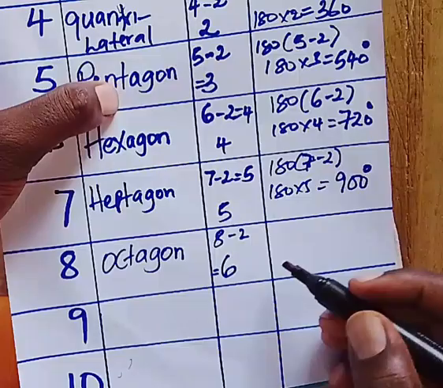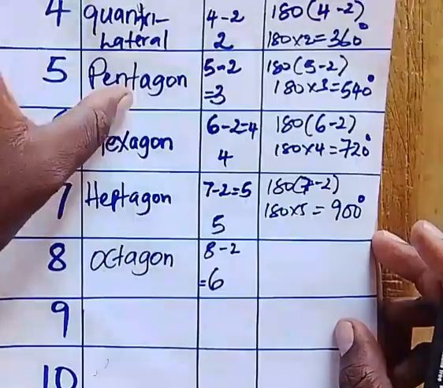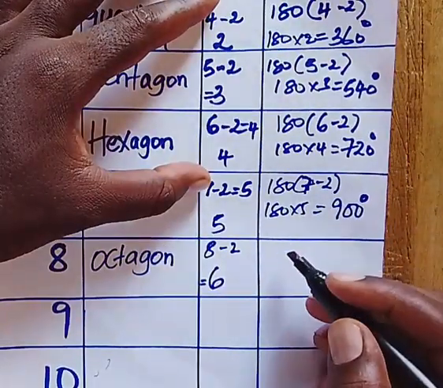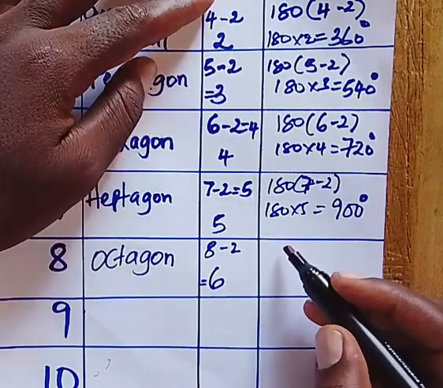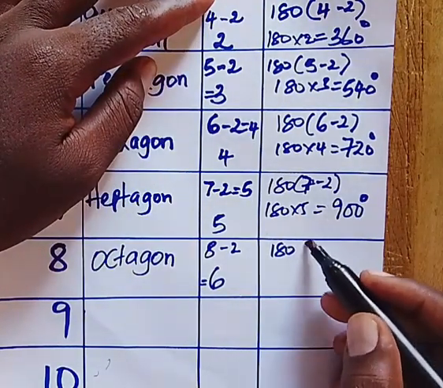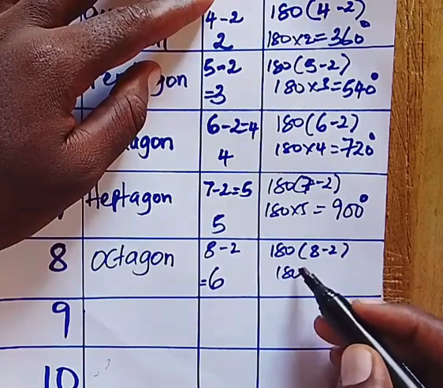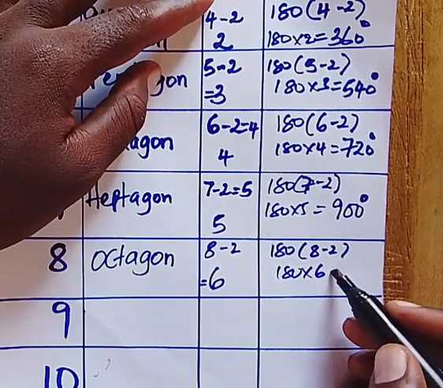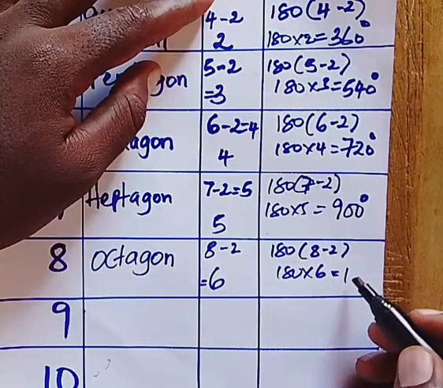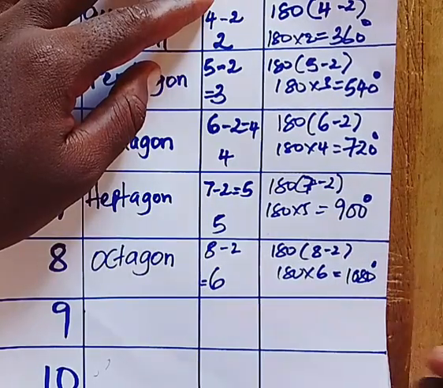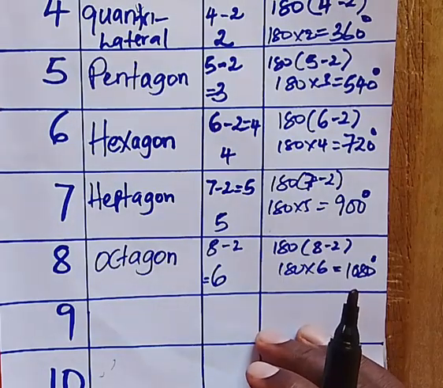Therefore, we apply the formula for finding the sum of the interior angles of a polygon, and you will have 180 into 8 minus 2, which is 180 times 6, and you get 1080 degrees.